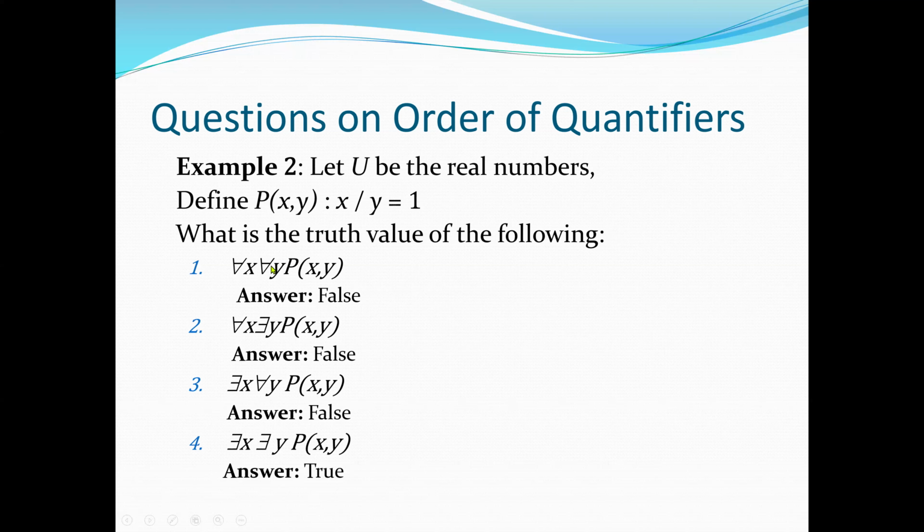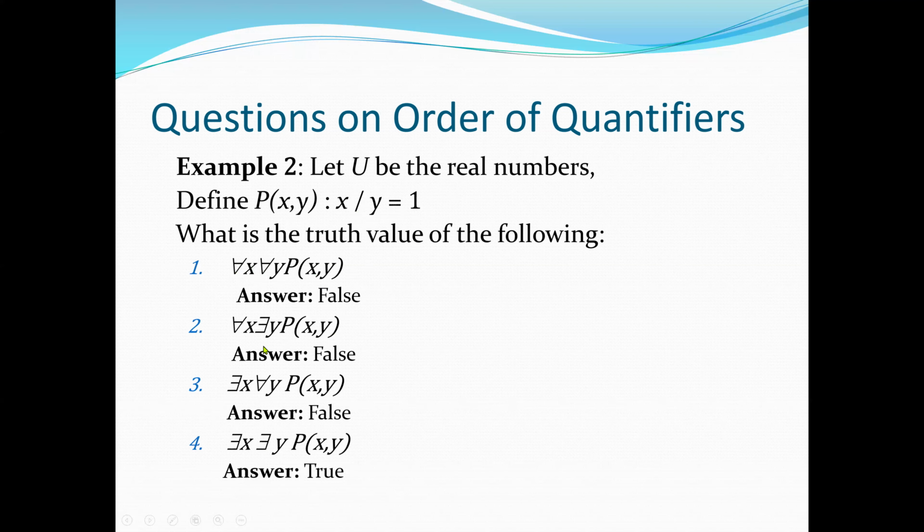But again, these conditions here, we can see everything is false. Why the first one is false again? Condition says x divided by y is 1. It can be any x value, I can pick 57. It can be any y value, I pick 3. 57 divided by 3 is not 1. So false.